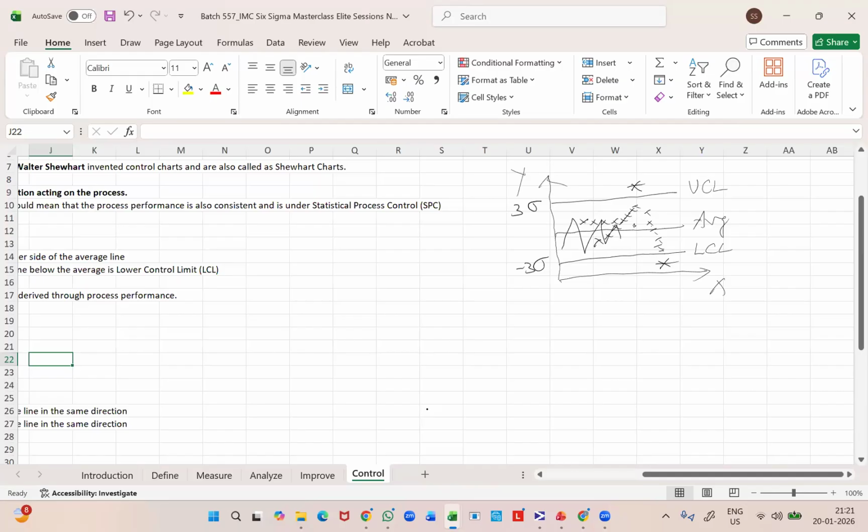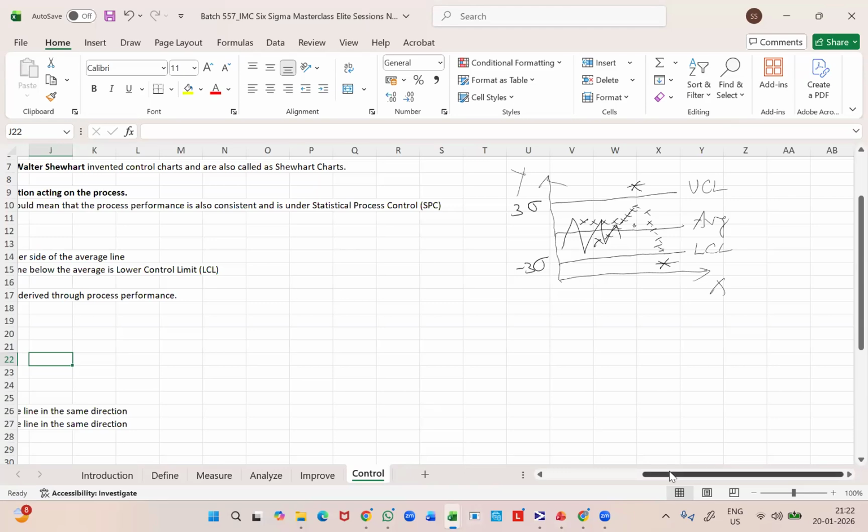The third one is the non-randomness due to clustering, wherein we will have 8 consecutive data points clustered on one side of the average line. And the fourth one, when we have 14 consecutive data points alternating up and down the average line, we will call that oscillation. So these are the 4 scenarios that we can look at and infer the presence of assignable or special cause variation acting on the process, right?